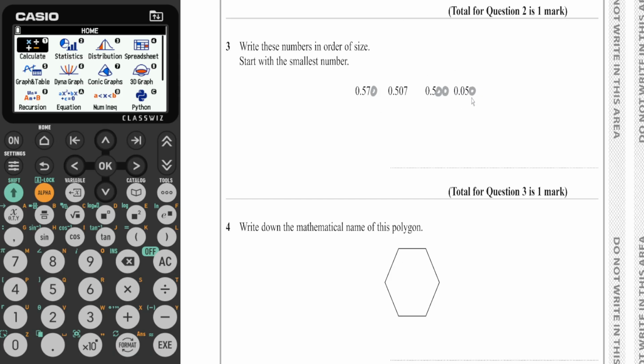So you can think of this to be 570, 507, 550. So this is the smallest, followed by this, followed by this, followed by this. So if we write down the original numbers, we have 0.05, 0.5, 0.507, and 0.57.